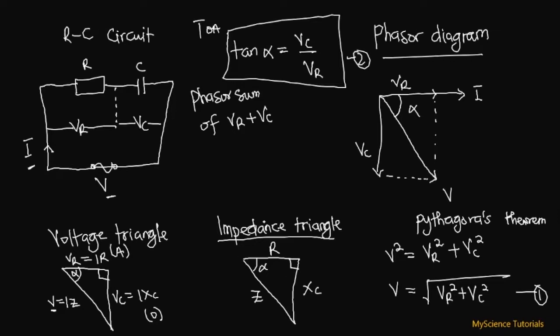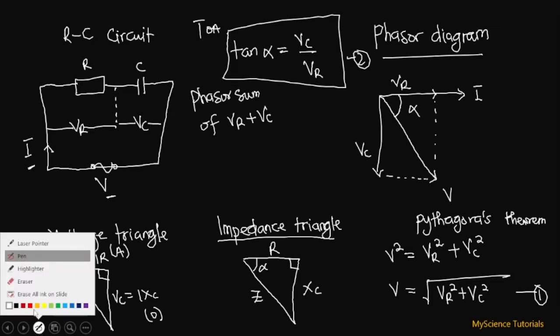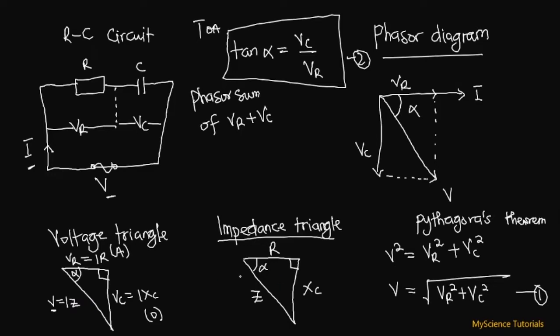Now, if we look at the impedance triangle over here, let me use another color. If we want to find the impedance, it's going to be the same as how we find the applied voltage over here. Because this is the hypotenuse, we're going to have Z squared equal to R squared plus XC squared.